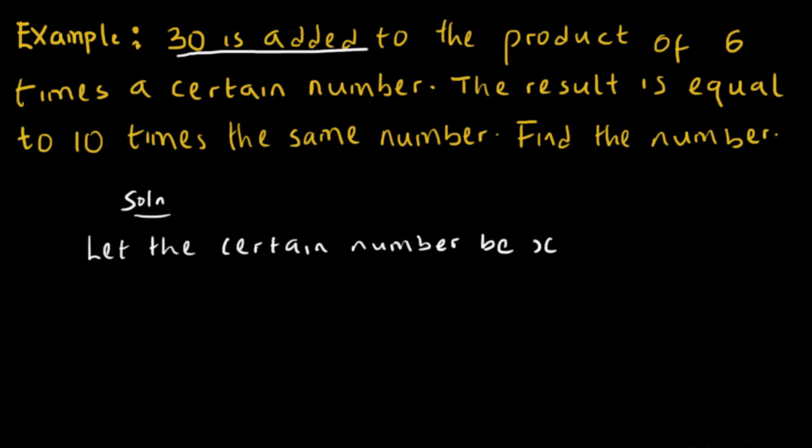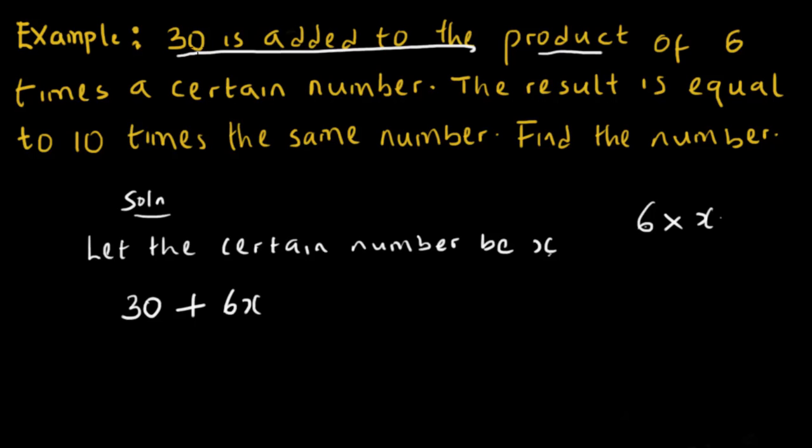Now let's go to the question. 30 is added to the product of 6 times a certain number. So we have 30. What is added? To add, plus the product. What is product? Multiplication. Product of 6 times a certain number. So we have 6 times what is our certain number? X. And 6 times x is what? 6x. So we have 6x.